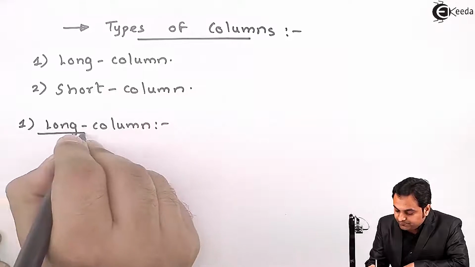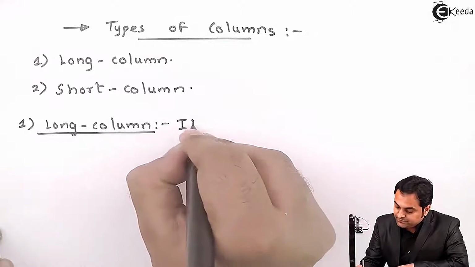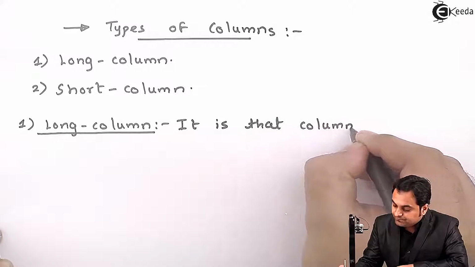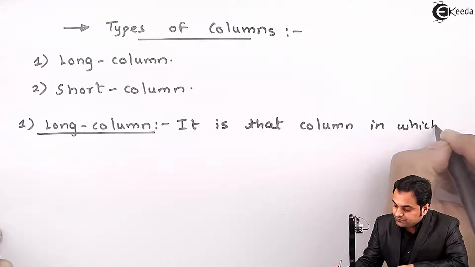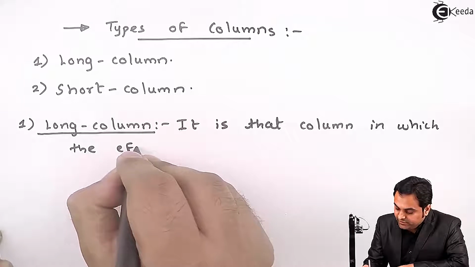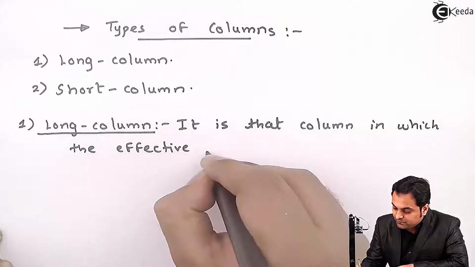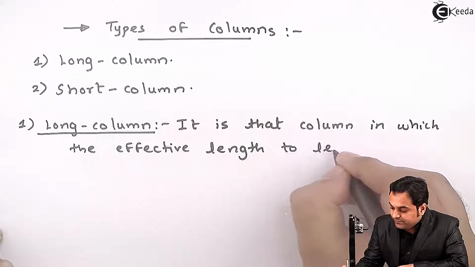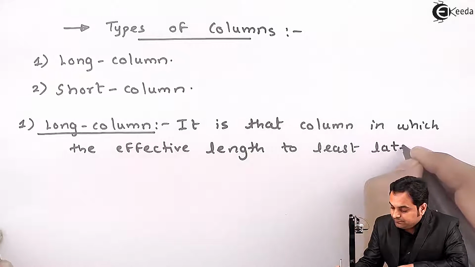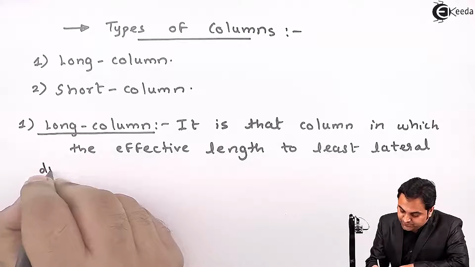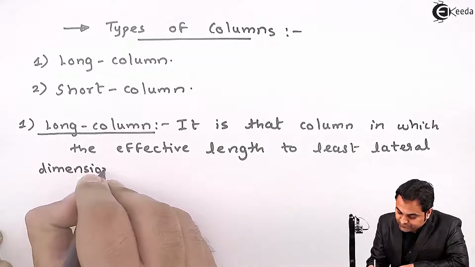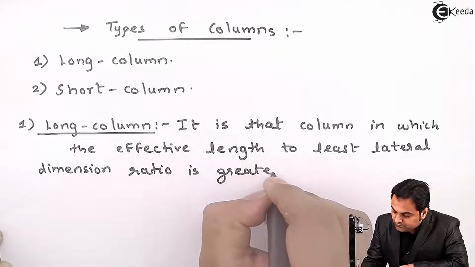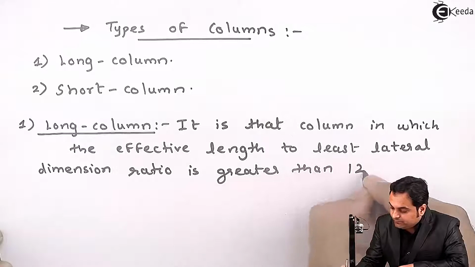Long column, it is that column in which the effective length to least lateral dimension ratio is greater than 12.